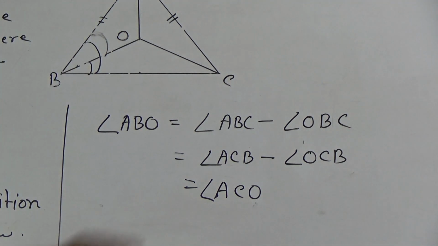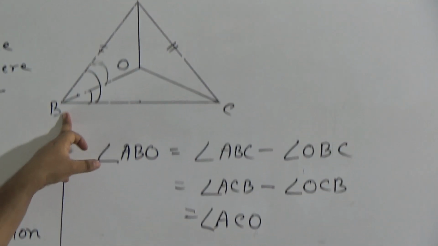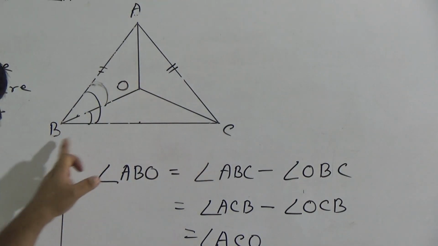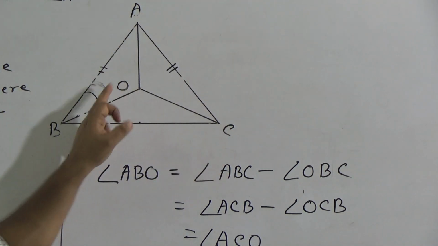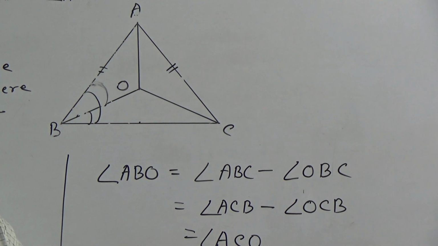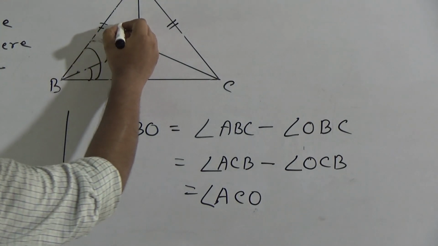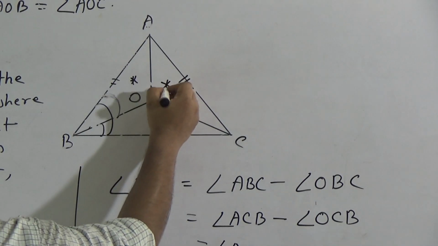I repeat, ACB is the whole angle and if we subtract OCB from ACB, then we get ACO and it is written. Okay. So my dear students, we find here two triangles, one triangle, another triangle.